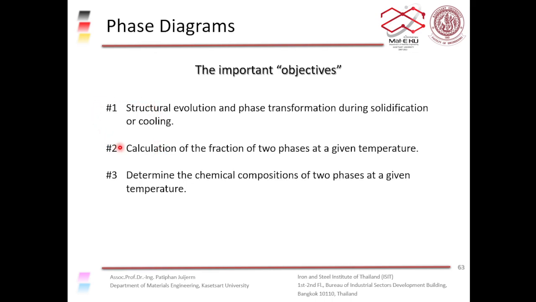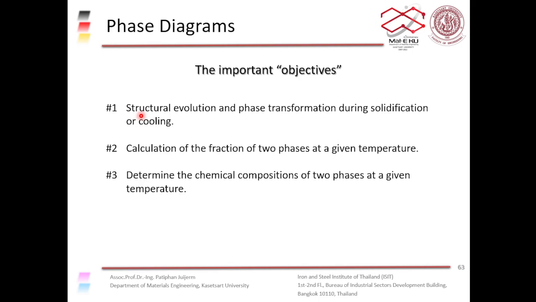And objectives number 2 and number 3 usually come together, right? In fact, sometimes I would put number 3 higher than number 2, right? So you should be able to determine the chemical composition of the phases, because first of all you have to know what happens, right?